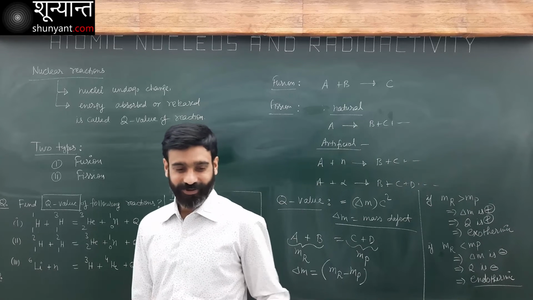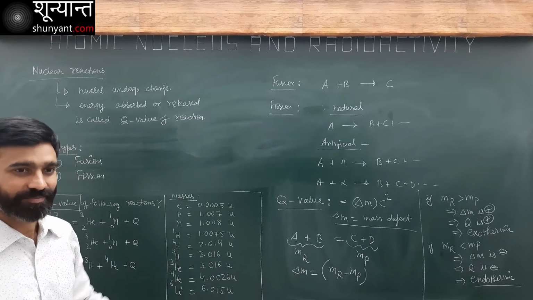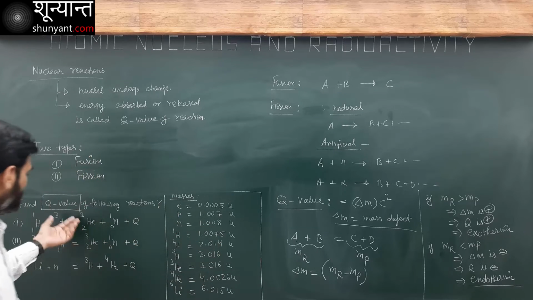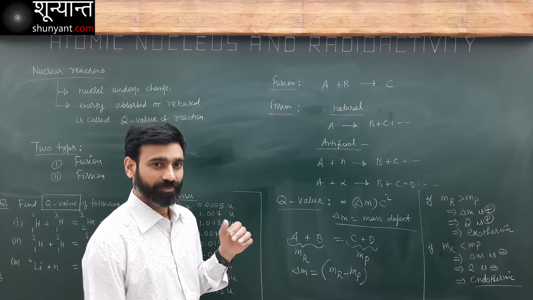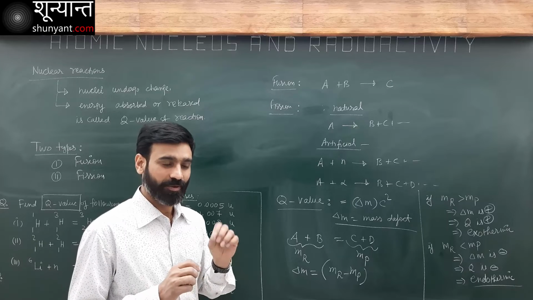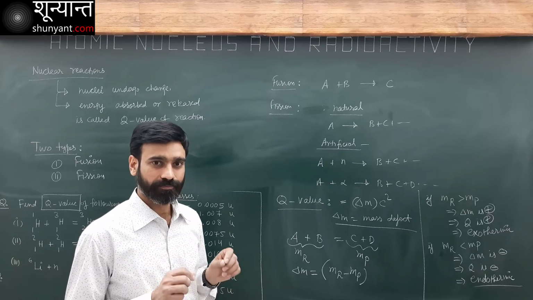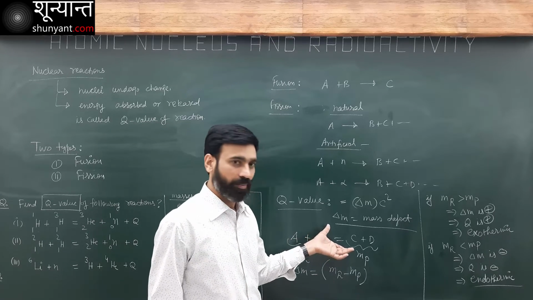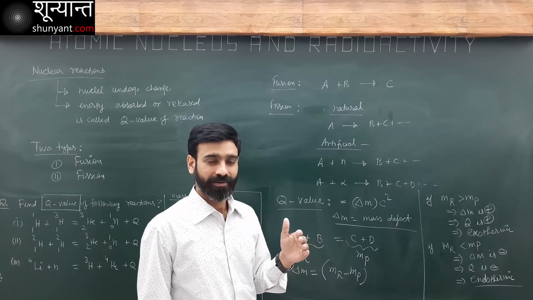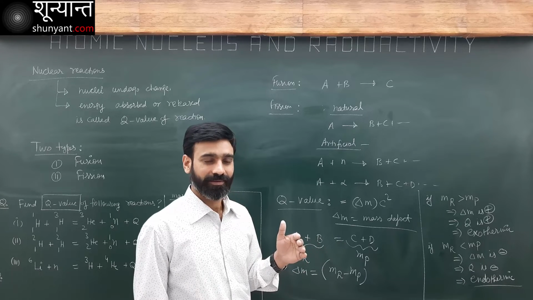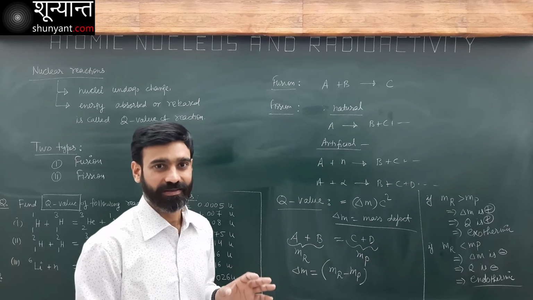Okay, let's do this problem, then they will understand. It's not so difficult. This theory might appear a little difficult, but once we do a few problems, it becomes very simple. Do not worry about whether you should use the mass of nucleus or the mass of atom, because the number of electrons, protons and neutrons is conserved in any reaction.